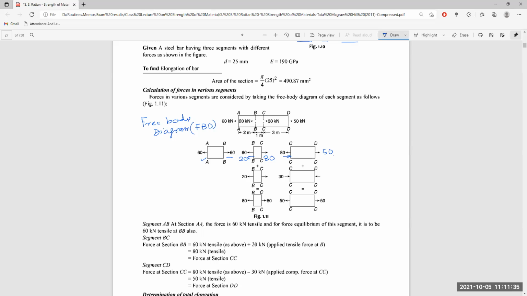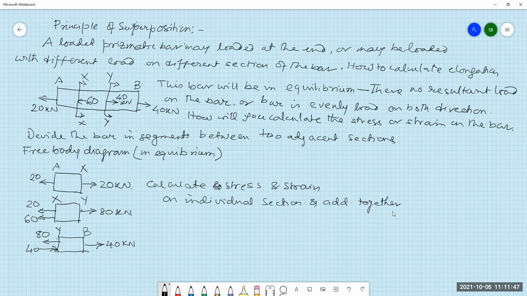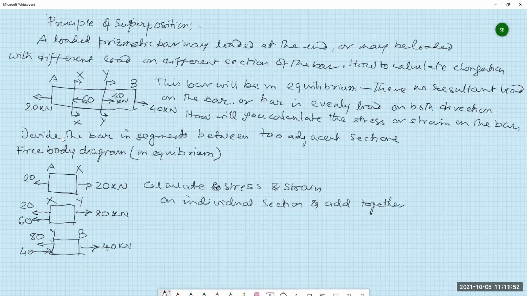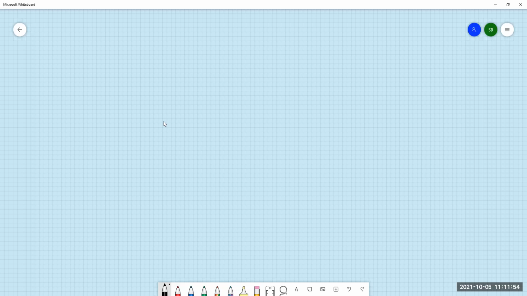Time is going up. First of all, what I'm putting here is the free body diagram.